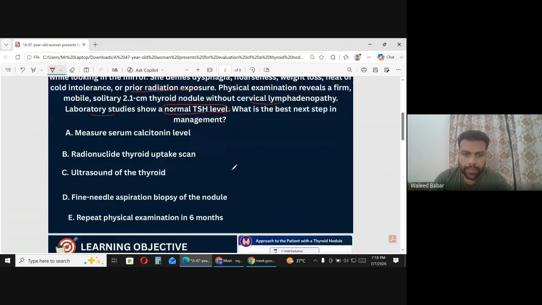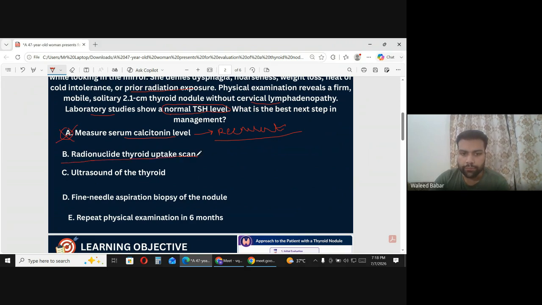So, what about option A? We check serum calcitonin for the recurrence of medullary thyroid cancer or for the surveillance of medullary thyroid cancer after treatment, right? So this is not the right option.